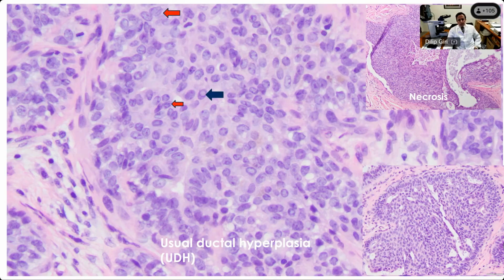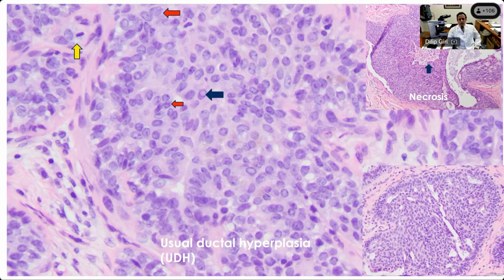Now, sometimes you may actually see a rare mitotic figure, as is seen here, pointed by the yellow arrow. So the presence of rare mitotic figures does not take away from the diagnosis of usual ductal hyperplasia. You have to go really by the overall morphologic appearance.